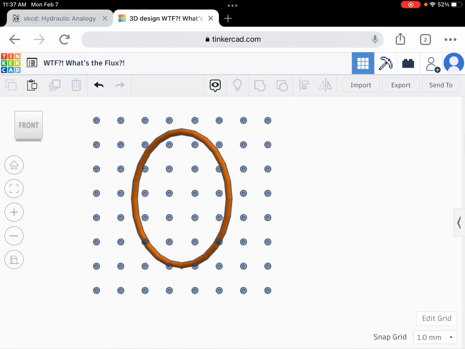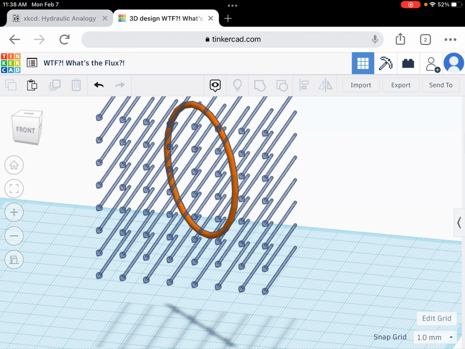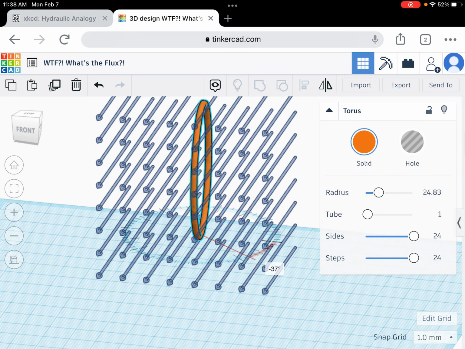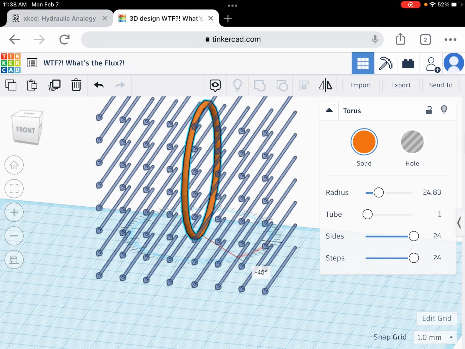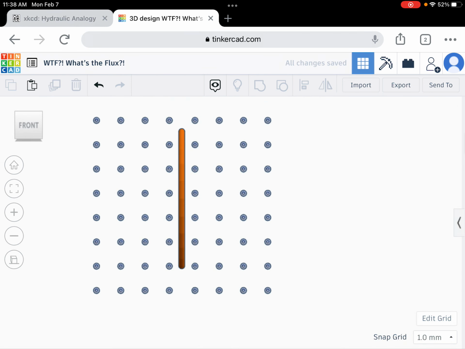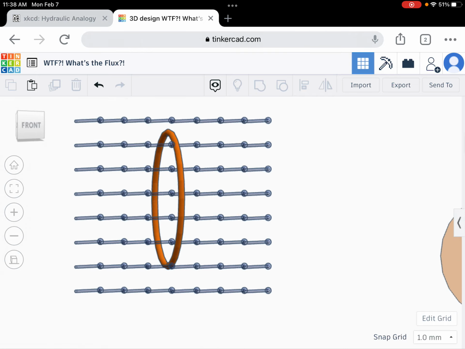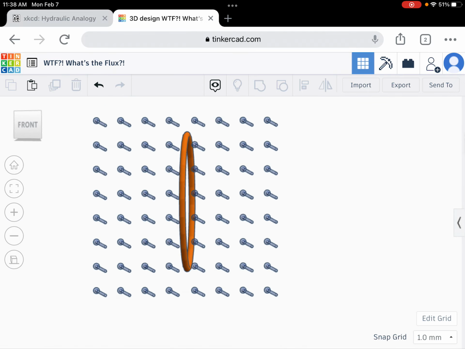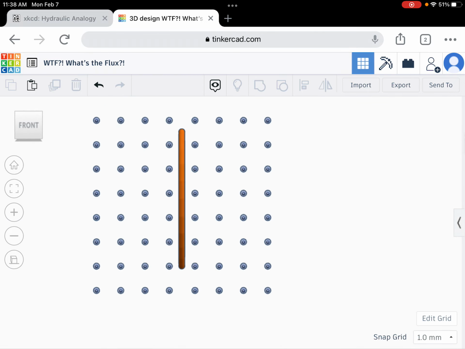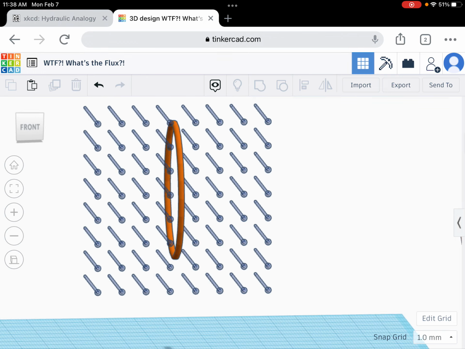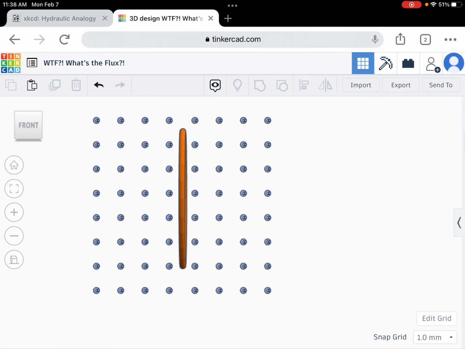And so there are fewer magnetic field lines that are passing through there, right? If I were to rotate it again, another 45 degrees, and we look at it from the front, we see that there are actually none. There are no magnetic field lines passing through that anymore. They're all parallel to that surface, right? They're not passing through the area there at all. And so the magnetic flux in this case would be 0.